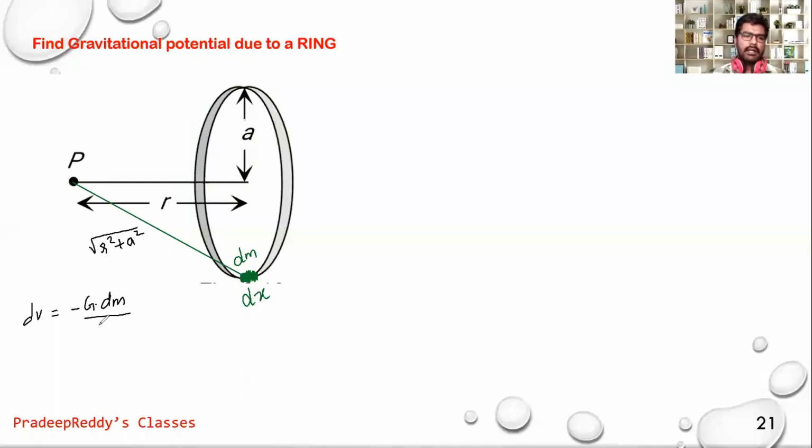It is under root a square plus x square, that is dV.